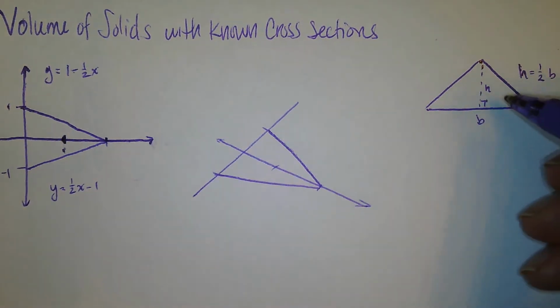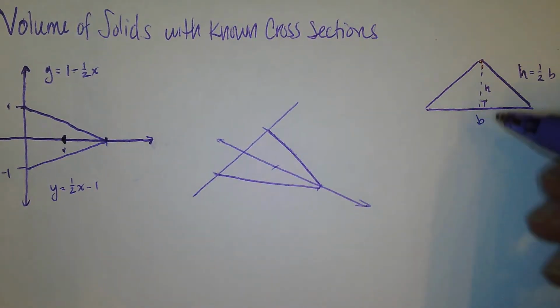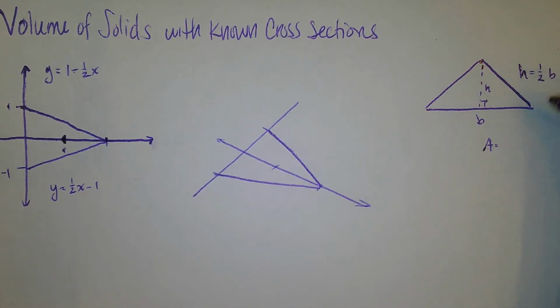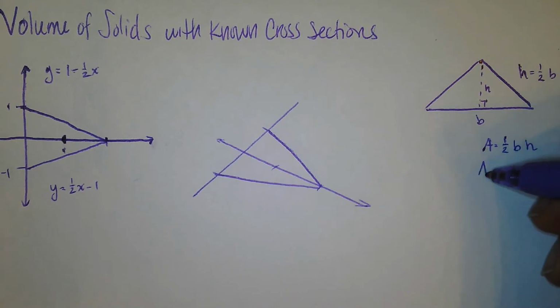So the area of this triangle, of this ratio, is always going to be 1/2 base times height. And the height is 1/2 base, so 1/2 base times 1/2 base.